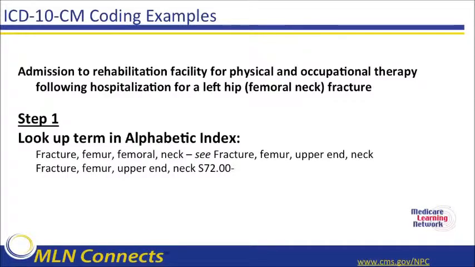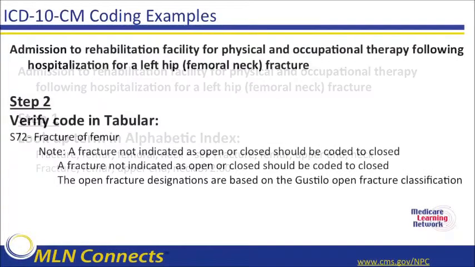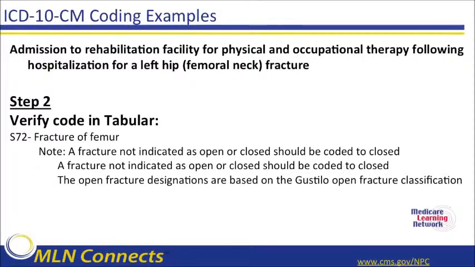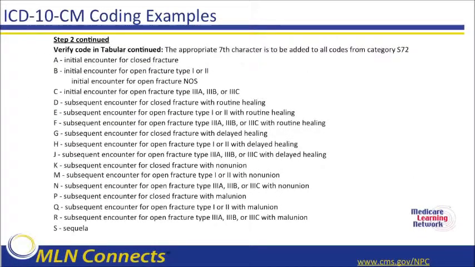S72.00. When you look up S72 in the tabular list, you will see the same notes regarding displaced versus non-displaced and open versus closed fractures that I mentioned earlier. You will also see a number of 7th characters that are applicable to codes in category S72.